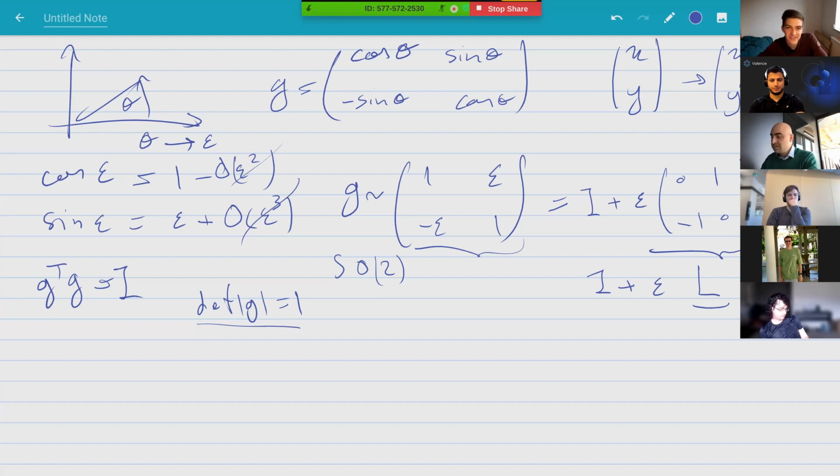So in this simple case, the exponential map, you can really understand it as writing out the Taylor expansion of the exponential and then doing that for matrices.